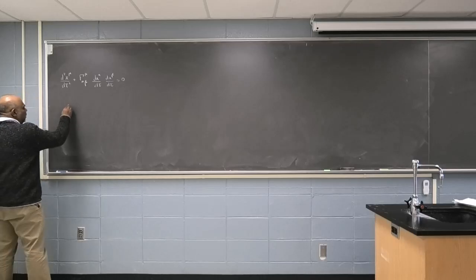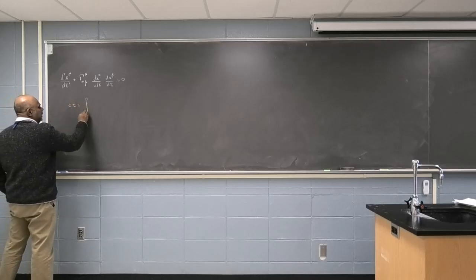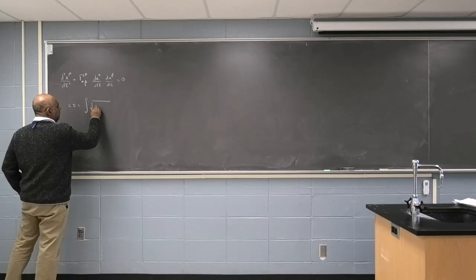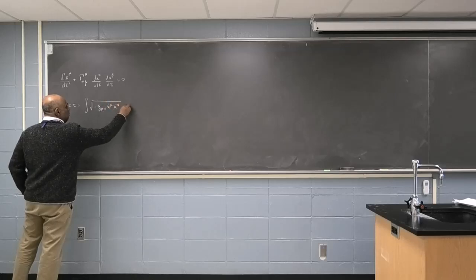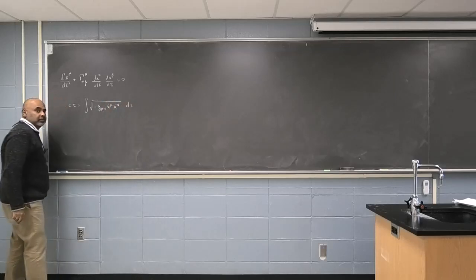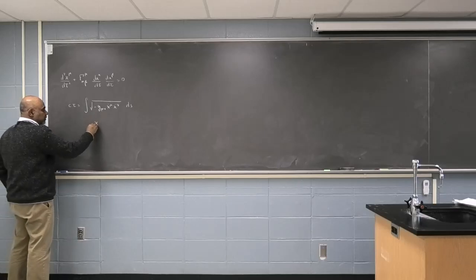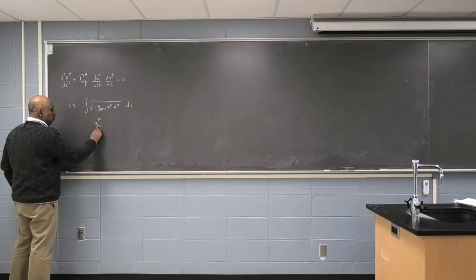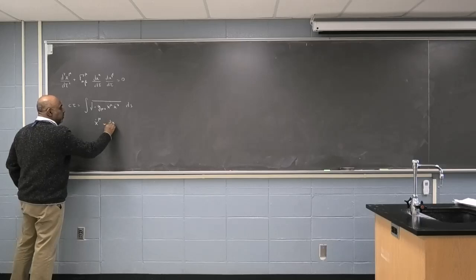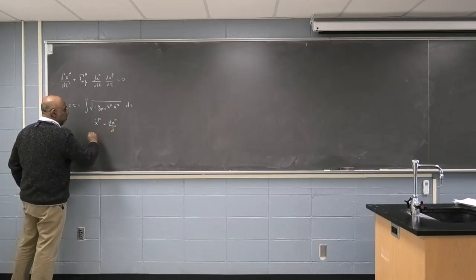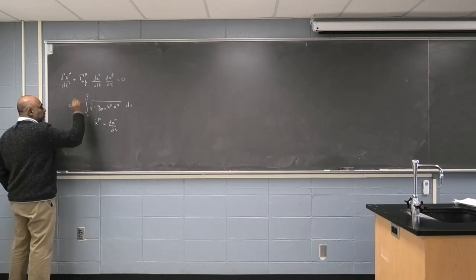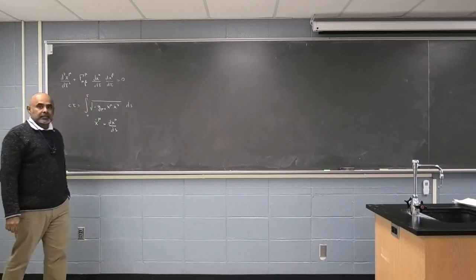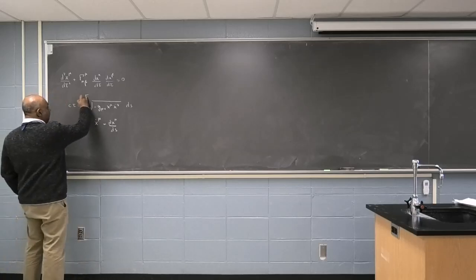If you recall, in this notation, x dot mu is dx mu, some parameter ds, and this is going from maybe 0 to some s.